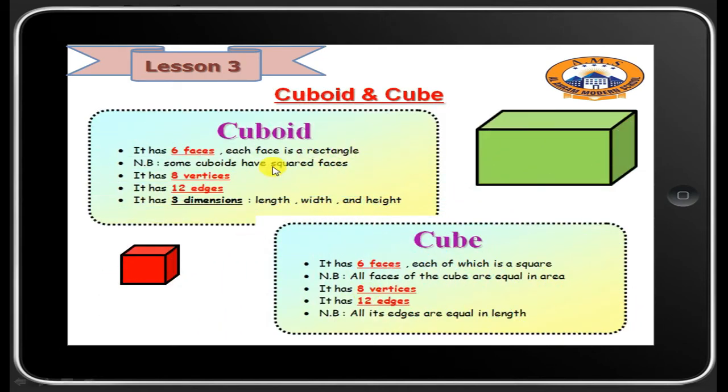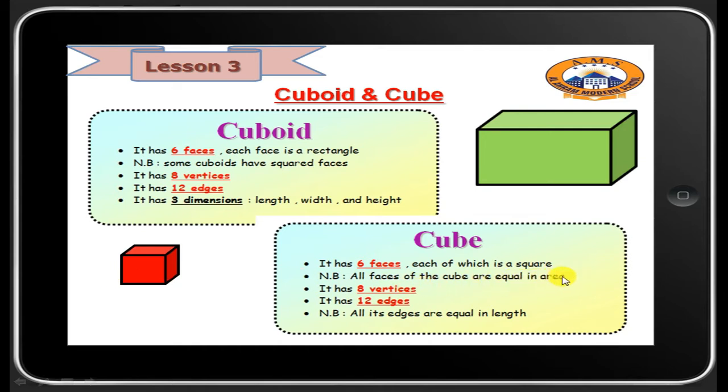When we talk about the cuboid, it has 6 faces like this one. Each face is a rectangle, and it also has 8 vertices and 12 edges. We have 3 dimensions in the cuboid: the length, the width, and the height. The cube also has 6 faces, but each face in the cube is in the shape of a square, and all the faces of the cube are equal in area.